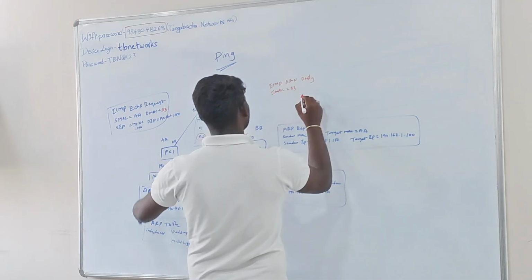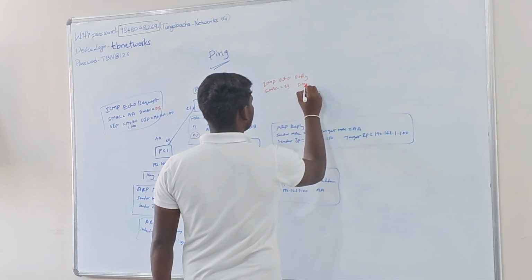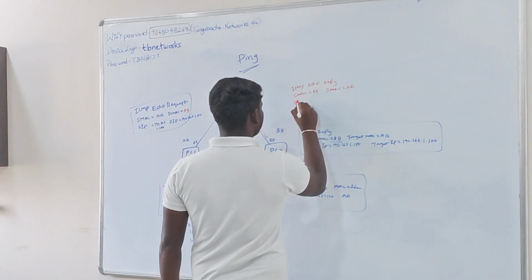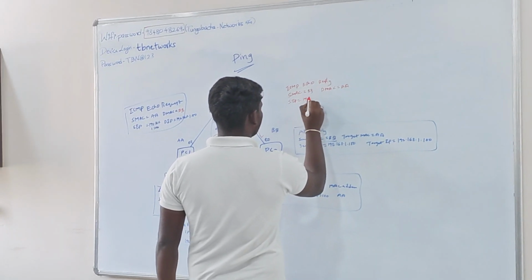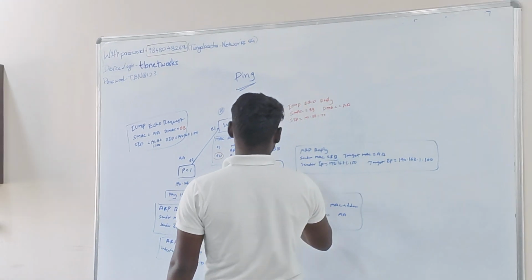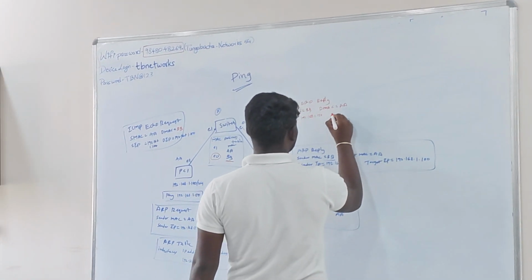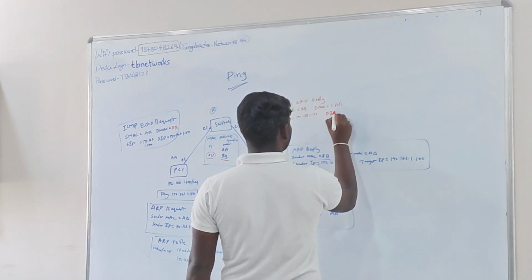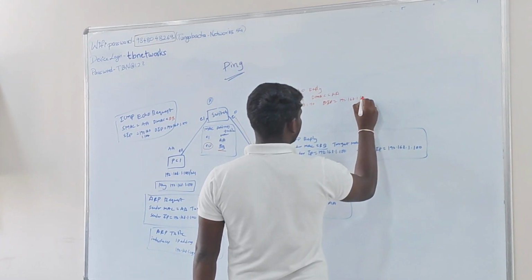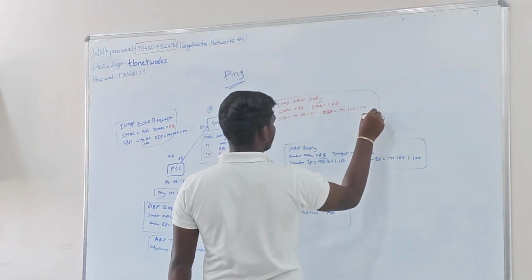It is sending to PC1, so the destination MAC is AA. The source IP is 192.168.1.150, which is PC2's IP, and the destination IP is 192.168.1.100. This is the ICMP echo reply packet.